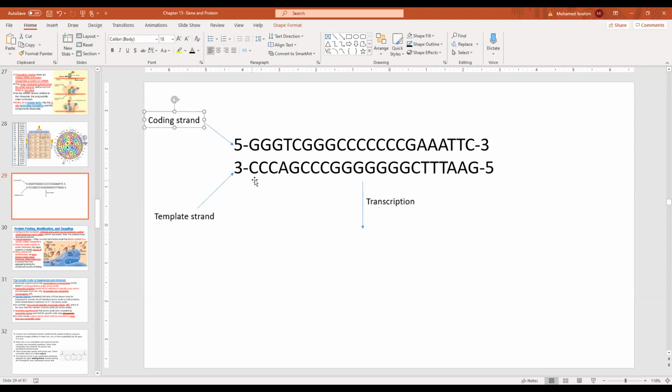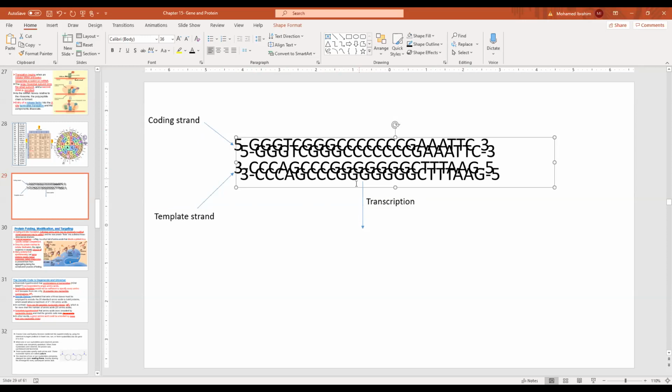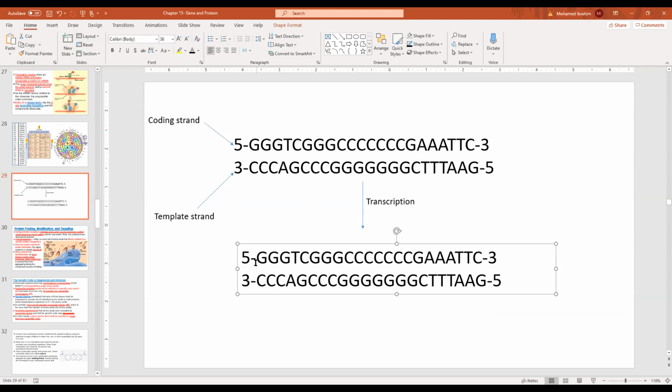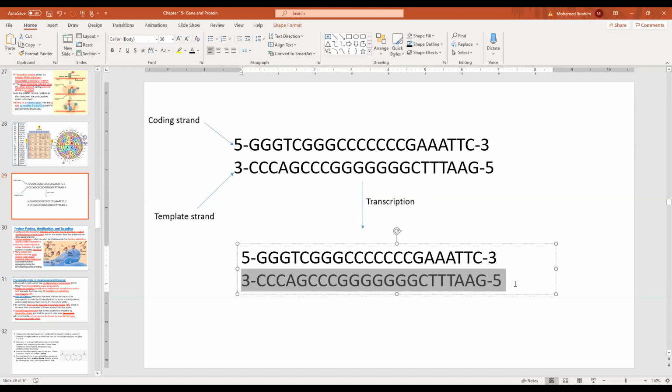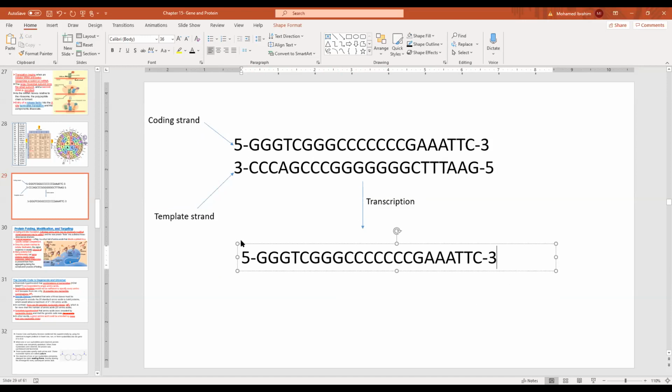So now RNA polymerase is going to bind to this DNA, and it will use the template strand to make RNA. So now let's do RNA together. When I say RNA, the RNA is going to be from 5' to 3'.